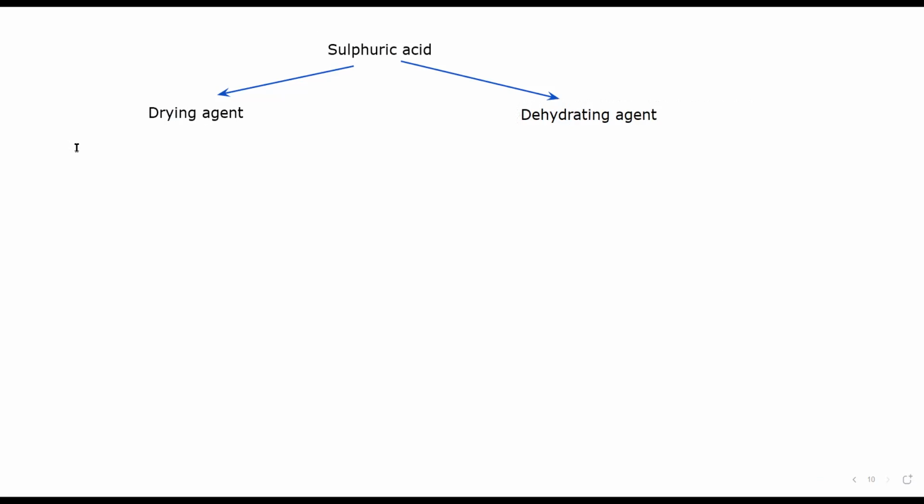Drying agent means when it removes the water physically. And here it removes the water chemically. What is the difference between physically and chemically?